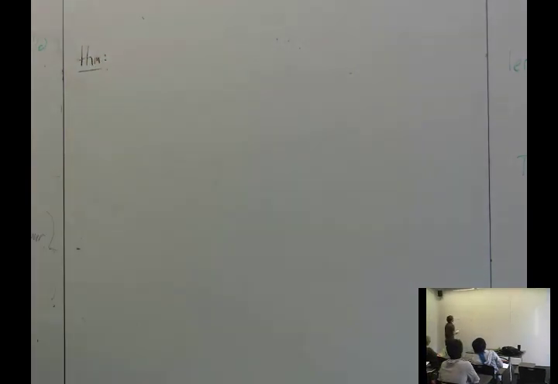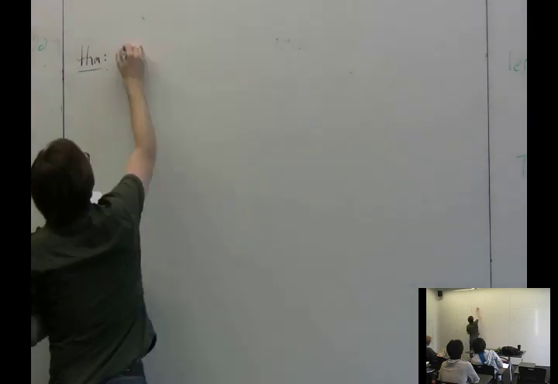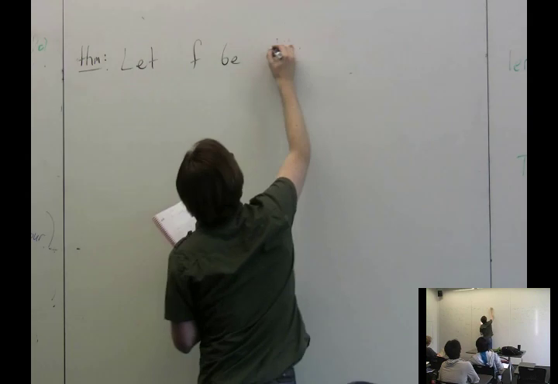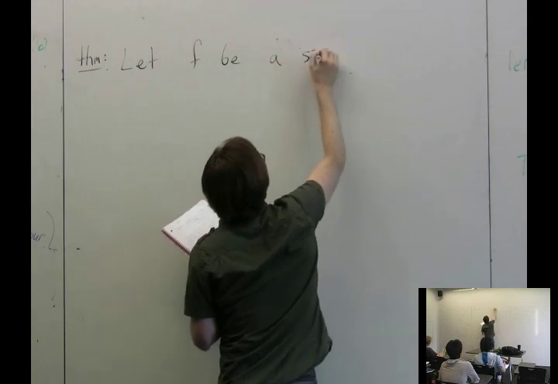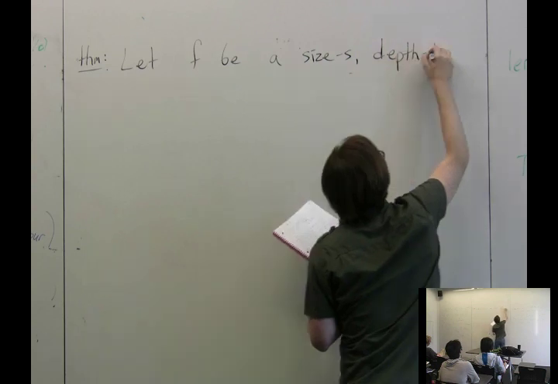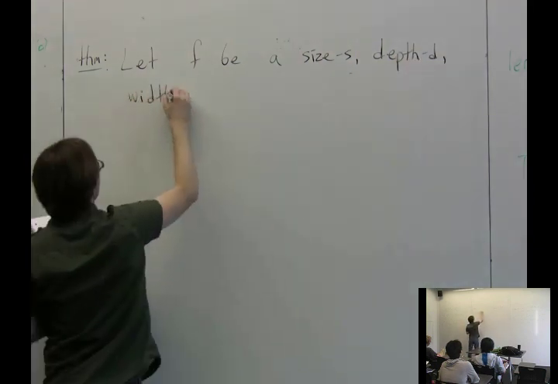So in fact, that's exactly what we'll show. We'll show a theorem that has no Fourier content. Sometimes you got to do it, though. Let f be a function which is computable by a size s, depth d, and I'll even throw in width w circuit.